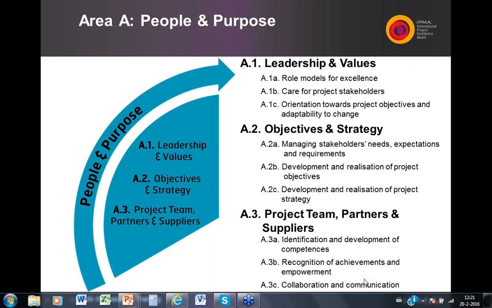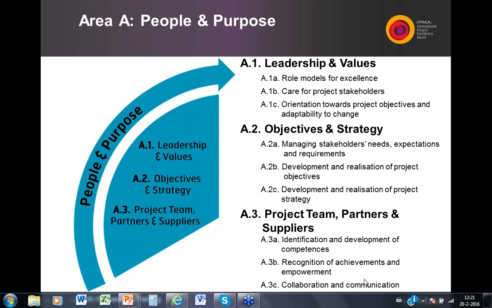A2 is the sub-criteria looking at objectives and strategy. We look for managing stakeholder needs, expectations, and requirements. We look for the development and realization of project objectives, and we look for the development and realization of project strategy. Again, the model contains examples and a definition of what is meant by these sub-criteria headings.